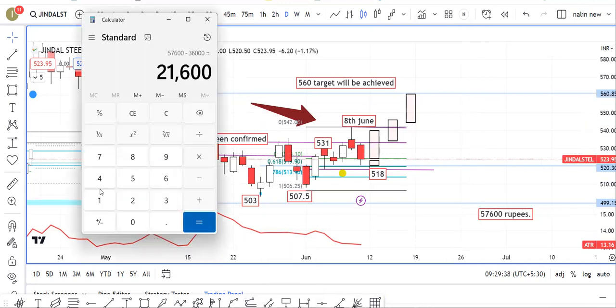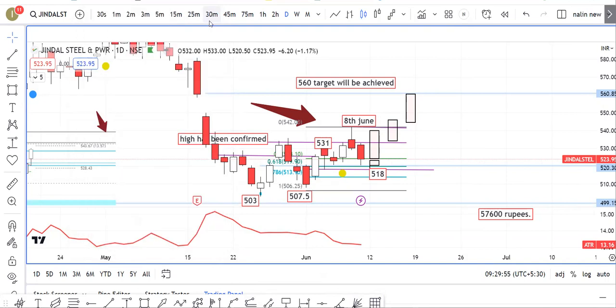So 1200 into 24, he will gain around 28,000. Now the strategy for him is: do not panic, wait patiently.